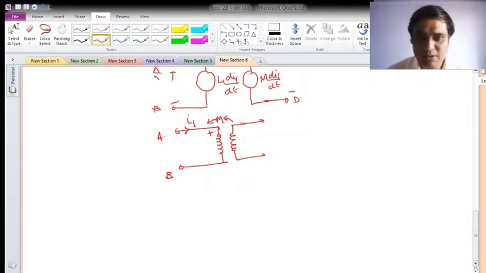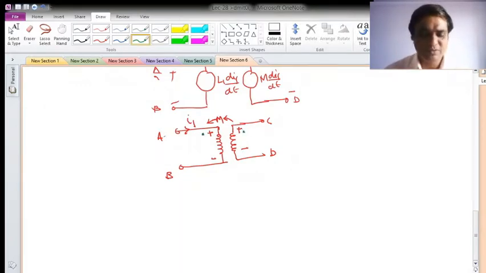The dot is here, this is positive, negative. Instead of the dot I am saying these are the polarities, and these are the polarities for C and D. Once I have drawn these polarities, with this I can mark the dot. So this positive will indicate the dot.